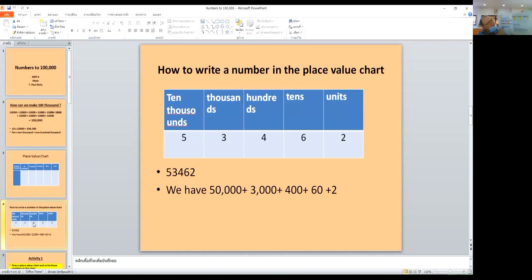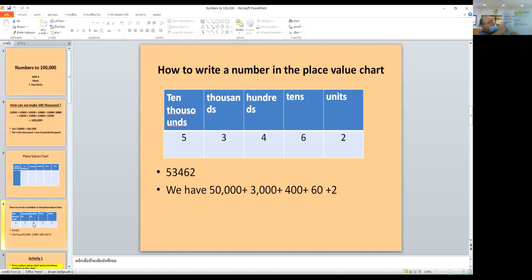Page 2 looks at how to make up 100,000. Page 3, how to do a number chart from units, tens, hundreds, thousands, 10,000, because 10,000 is what you learned from last year. And then it breaks the number down into the various parts.